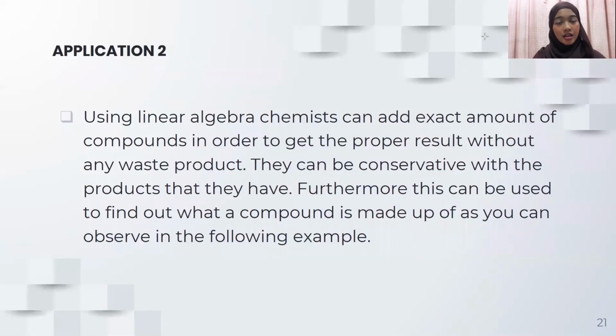As you can see, by using linear algebra, chemists can add exact amounts of compounds in order to get the proper result without any waste product. So they can be very conservative with the products that they have. Furthermore, this can be used to find out what a compound is made up of, as you can observe in the following example.